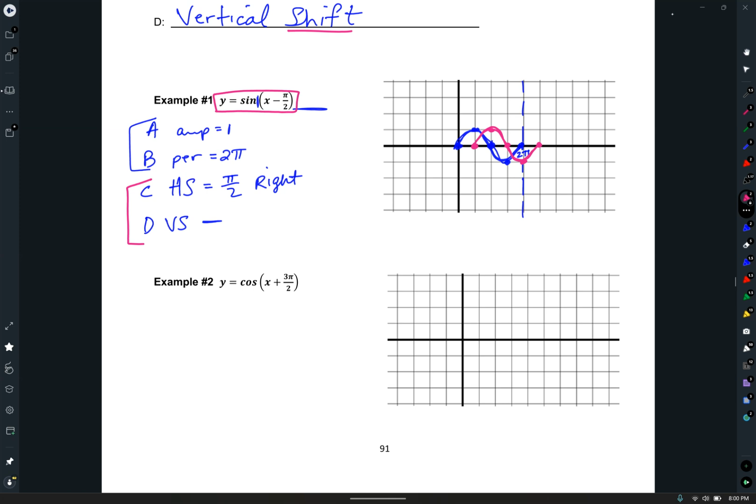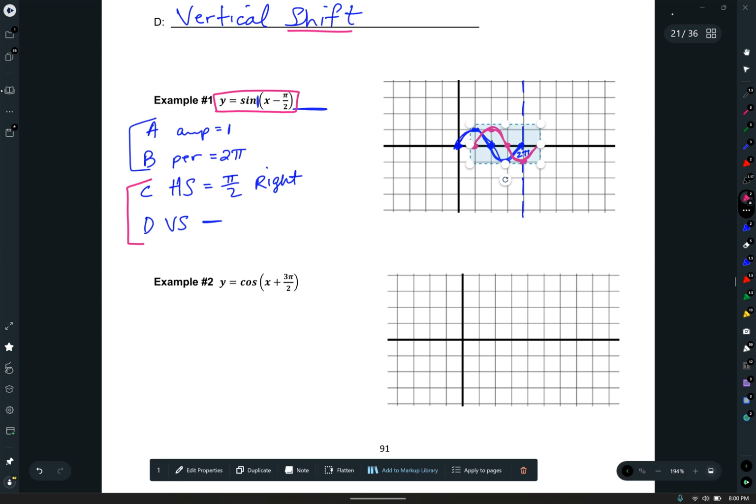Now I do want to mention something. We are only drawing one period of it. If I wanted to, I could say, hey, draw another period. And if that's the case, then that means I would take that exact same shape and I would just connect it on here at the end, right?